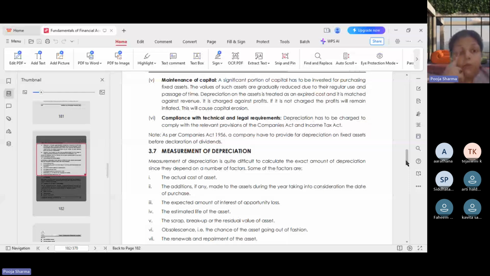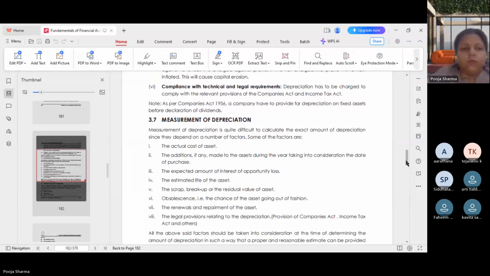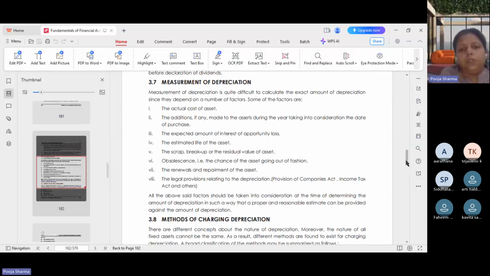Now measurement of depreciation. Measurement of depreciation is quite difficult; it is difficult to calculate the exact amount of depreciation. Why? Because it depends on a number of factors.